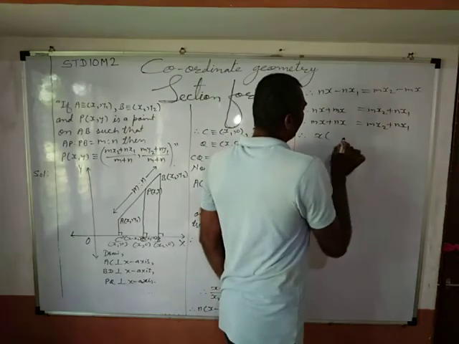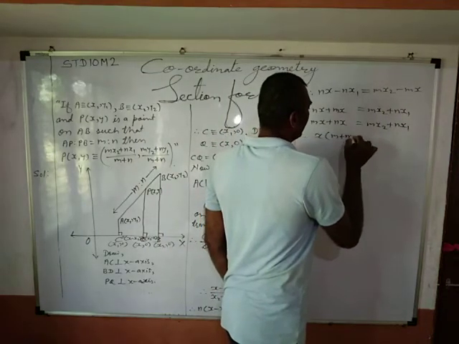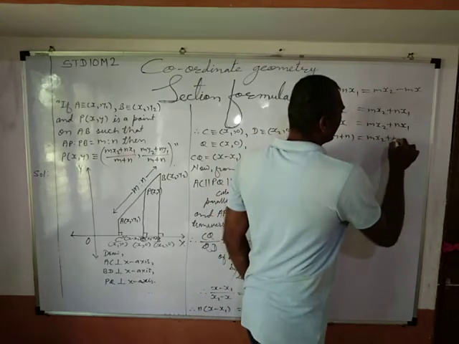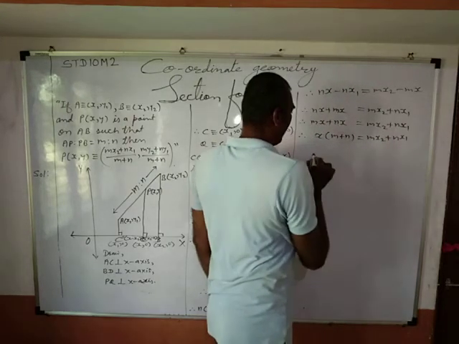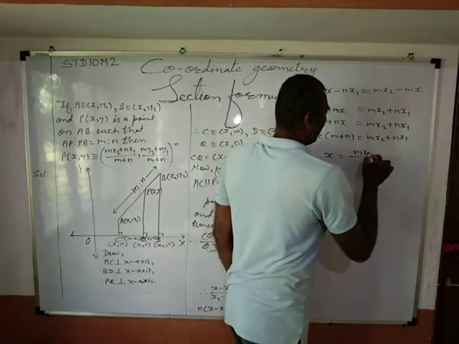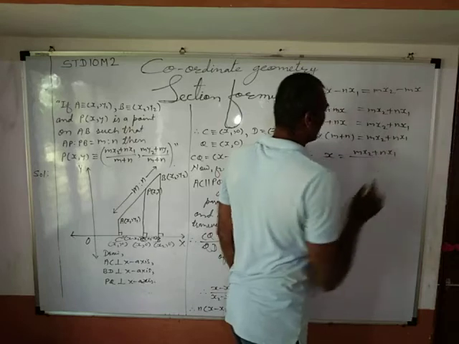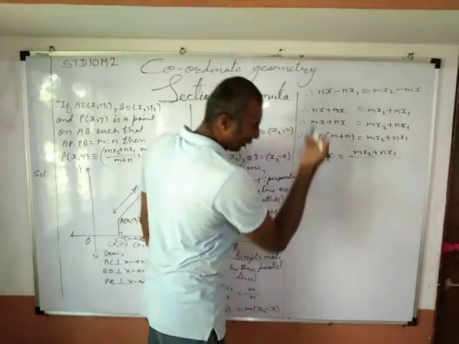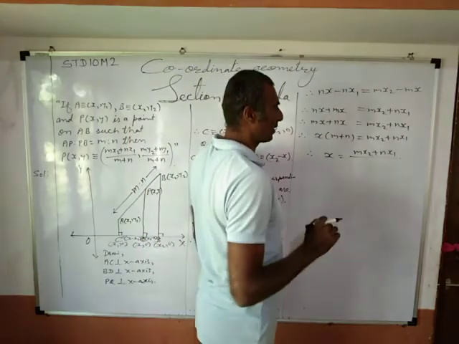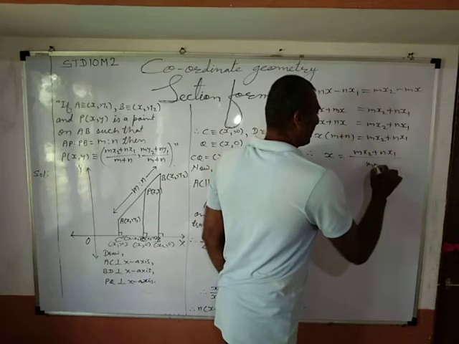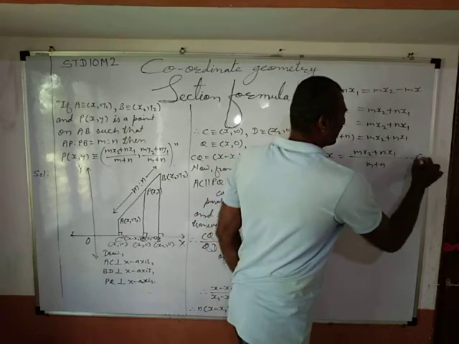Taking x common, in bracket (m plus n) equals mx2 plus nx1, and therefore x equals (mx2 plus nx1) upon (m plus n). Let's call it equation first.